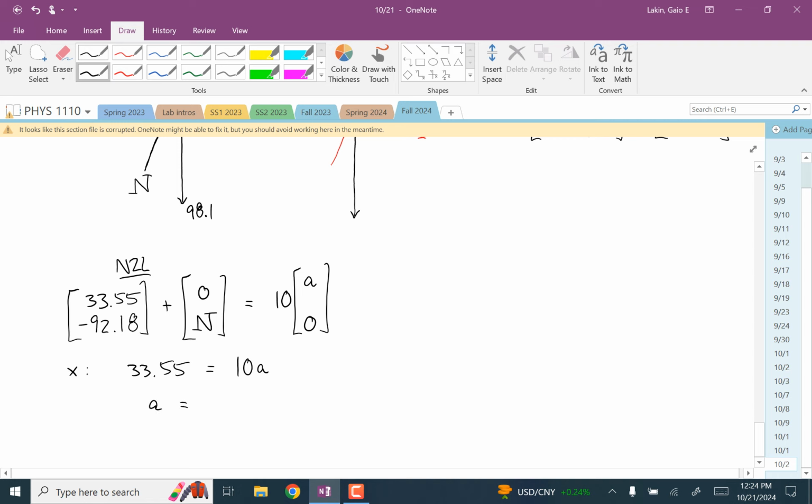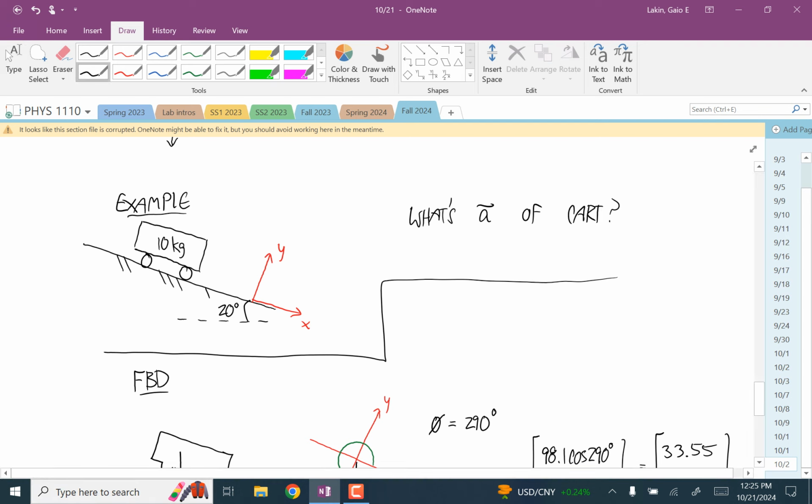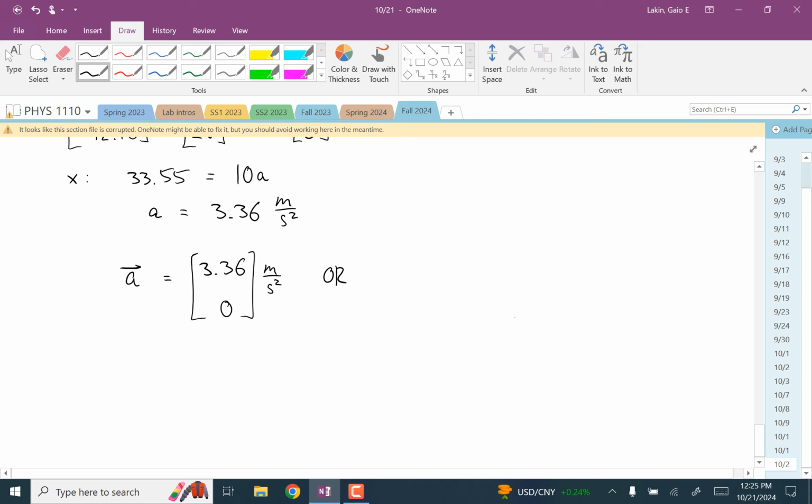So A is equal to 3.36, if I round it, meters per second squared. The acceleration vector is A, 0, so it's 3.36, 0. Or if you want to visualize that direction, it's in this positive x direction down the ramp with a magnitude of 3.36.